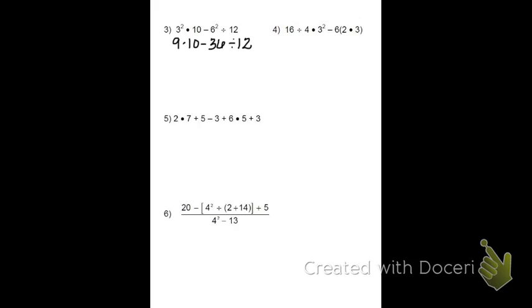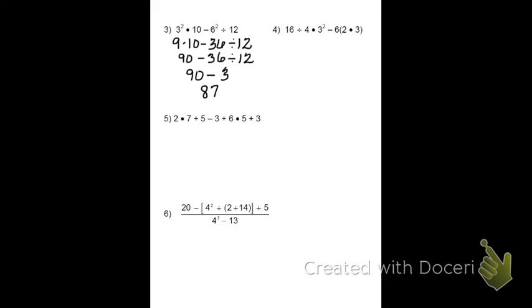And now looking at this separately from what we started, you're going to multiply and divide before you add or subtract. So this gives you 90 minus the 36 divided by 12. Again, here we're going to do the division before subtraction. So this is going to give you 3. And 90 minus 3 is 87.